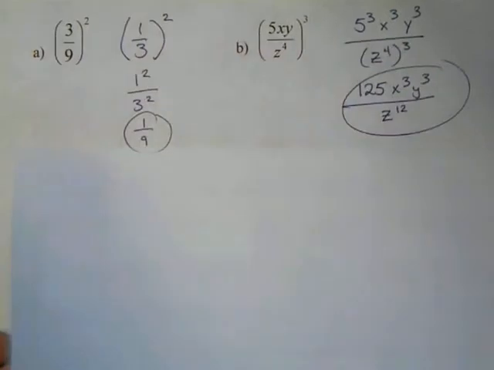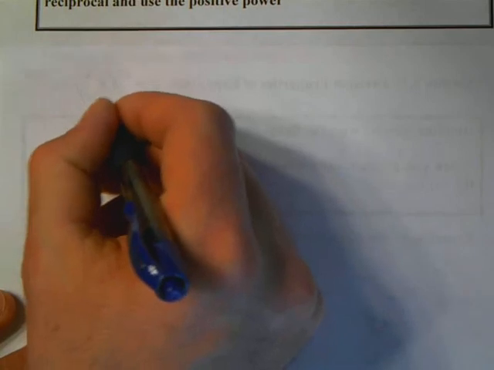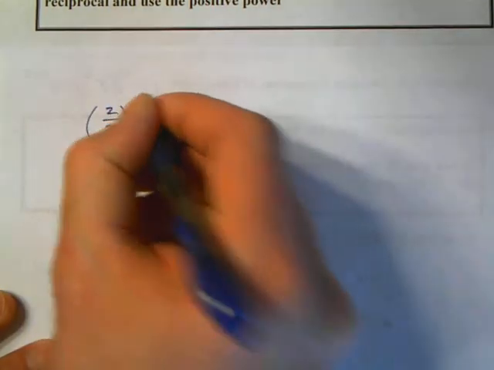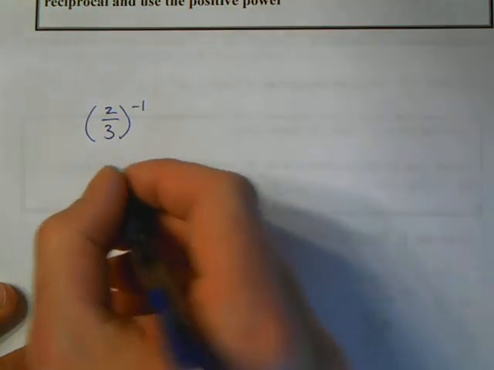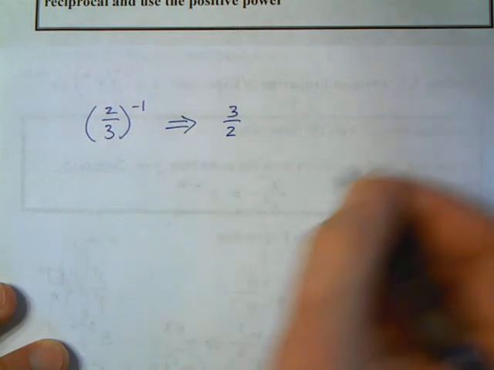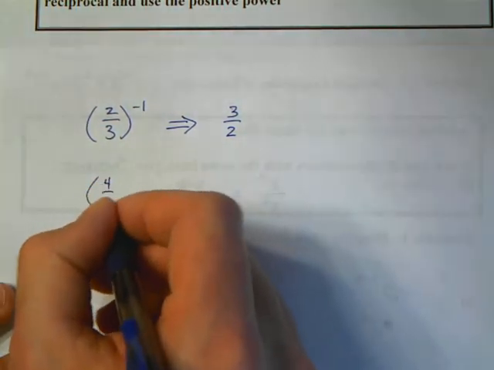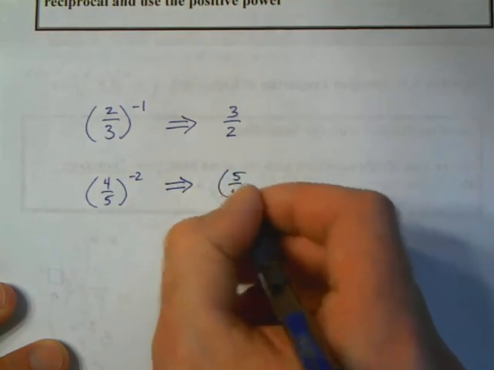Now let's come back to the fractions to a negative power and just review that idea just a little bit more. Let's take a look at a couple short examples. 2/3 to the -1. Very simply, take the reciprocal, and we're going to get 3 over 2 to the +1. What if we have 4/5 to the -2?